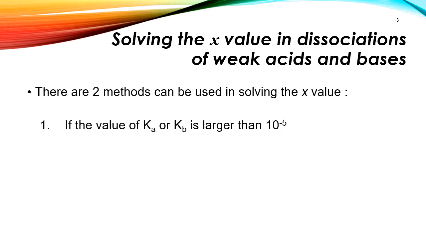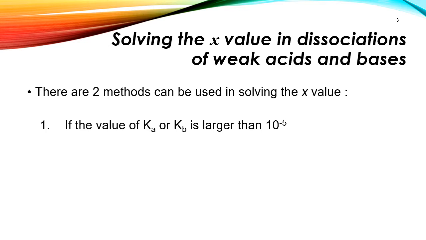So, solving the X value in the dissociation of the weak acid and the weak base is a bit different from the strong acid and the strong base. We can use two methods to determine the value of X in weak acid and weak base dissociation.